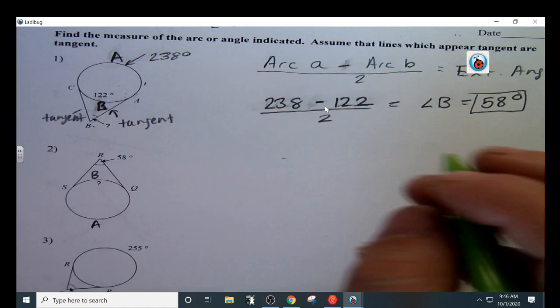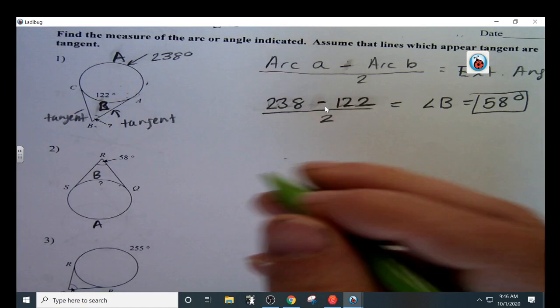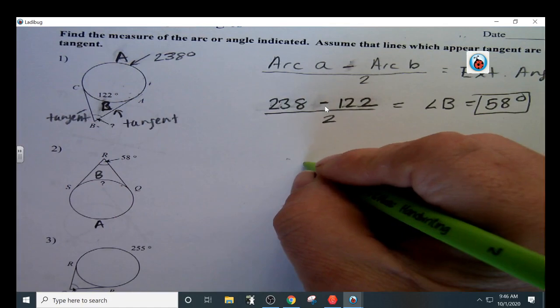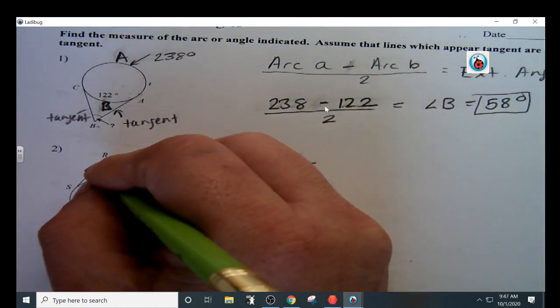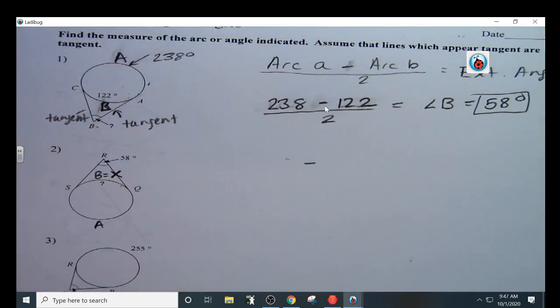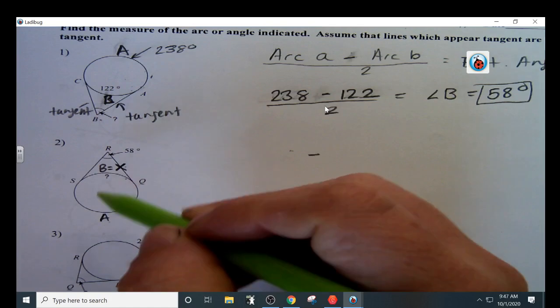So guys, what we're going to do here, we don't know this arc or this arc. So we'll just let arc B be X. Now, guys, think about this.